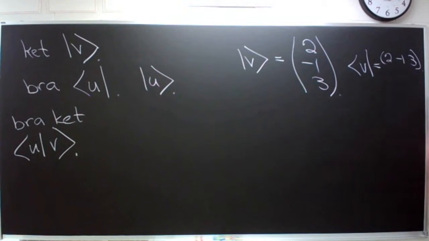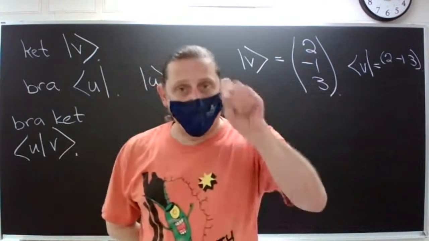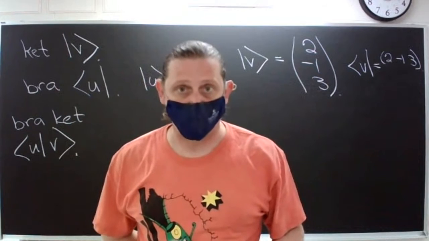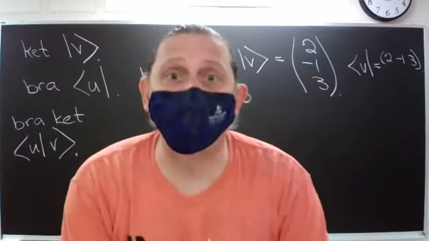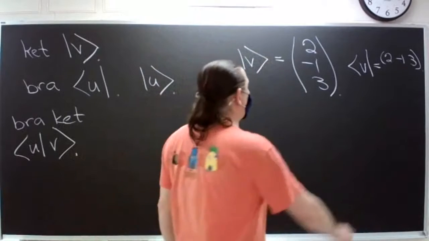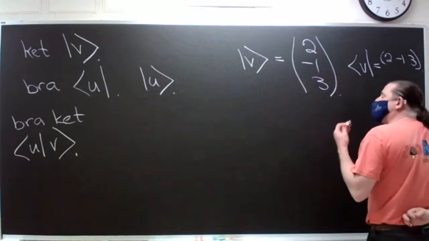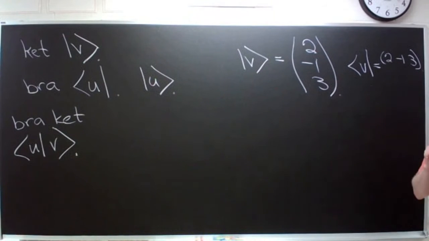Now, if I'm using complex numbers, then I'll also have to do that little complex conjugate that we looked at. So for our purposes in finite dimensional vector spaces, the bra is just the complex conjugate transpose of the ket.